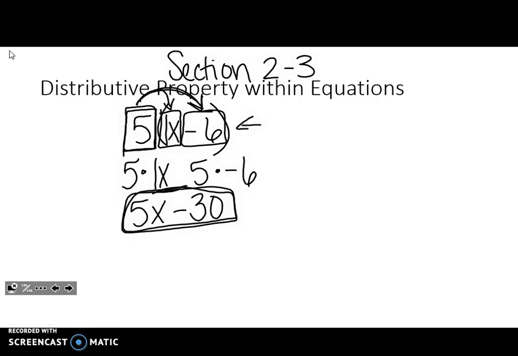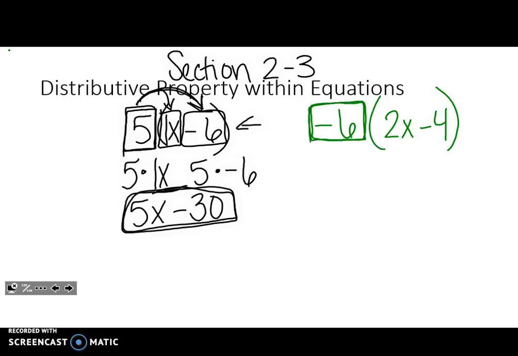I'm going to put another one up over here. It's important to remember that whatever number and the sign on the outside of the parentheses is what's going to get distributed to the inside. So this is a negative 6, so that negative has to go with the 6 when you distribute.